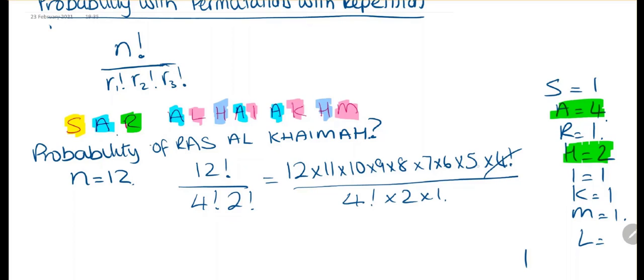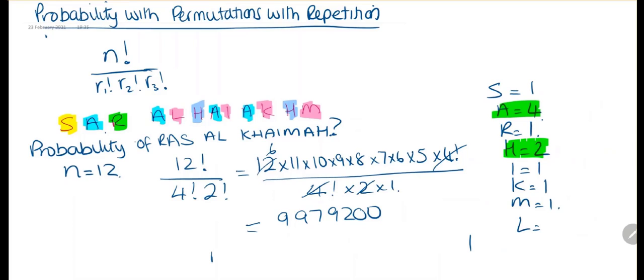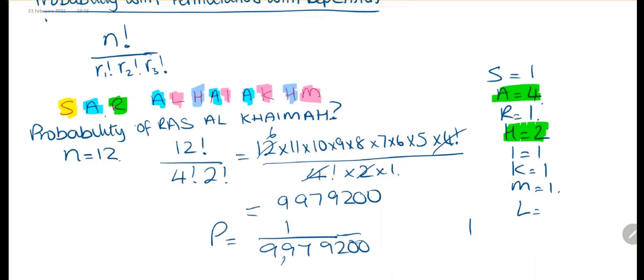Now the 4 factorials will cancel, and then 2 will divide into 12 6 times. So we need to multiply this together. So we will have 9,979,200 permutations. So the probability of it spelling Ras Al Khaimah will be 1 over 9,979,200.